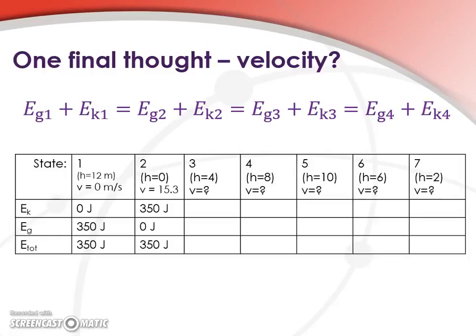And of course, this is consistent with our original point that energy is a scalar quantity rather than a vector quantity. So we have a speed that we can define here. We do not have a velocity.